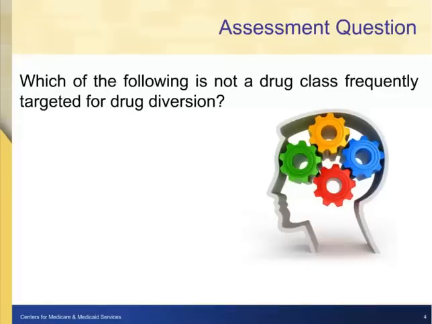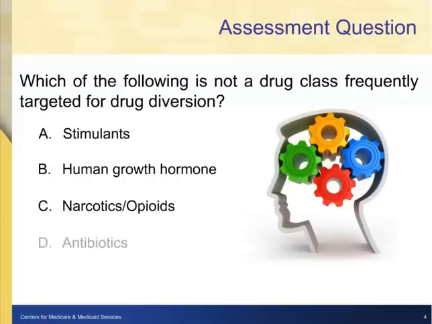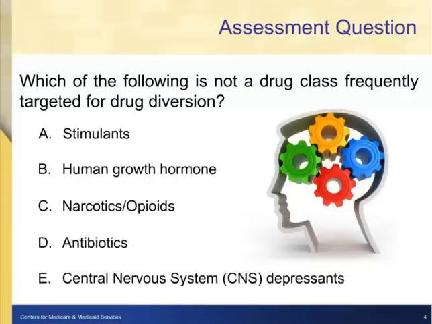The second question is, which of the following is not a drug class frequently targeted for drug diversion? A. Stimulants. B. Human growth hormone. C. Narcotics and opioids. D. Antibiotics. Or E. Central nervous system, CNS depressants.